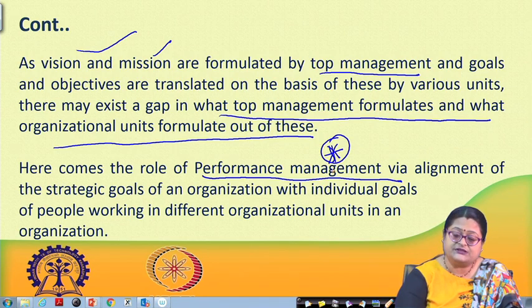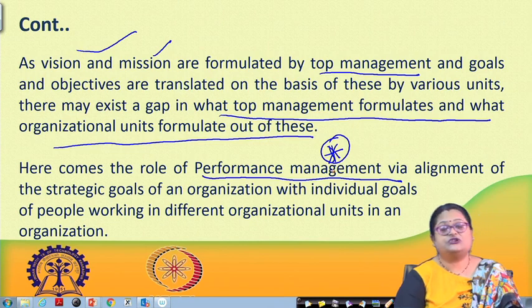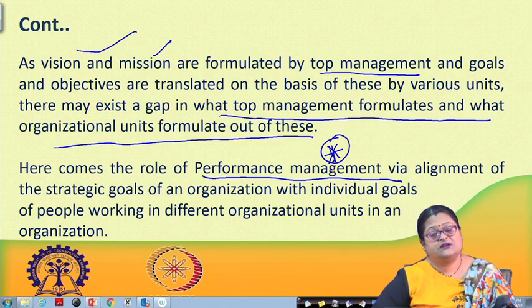So, through a proper performance management system, the organization's goals are translated down into each of the departmental goals, and each of the departmental goals are then translated into group goals, and in the group also individual goals. So, all the goals get connected and aligned with each other.